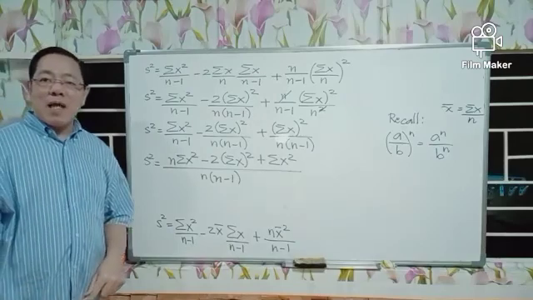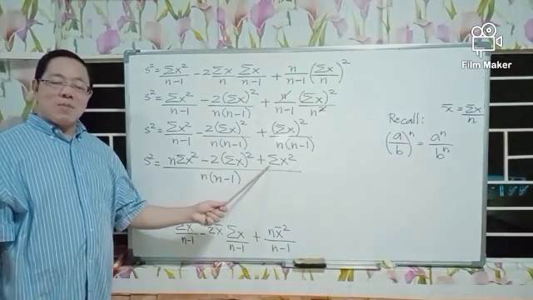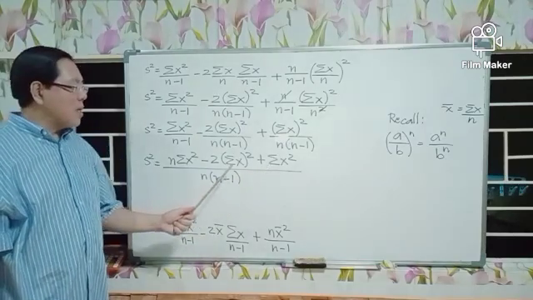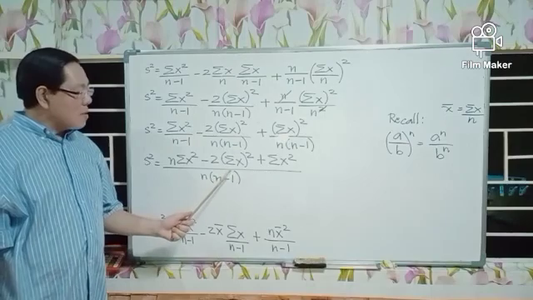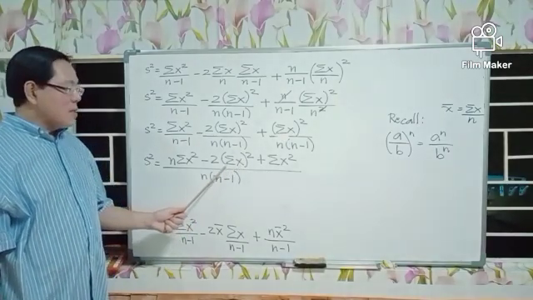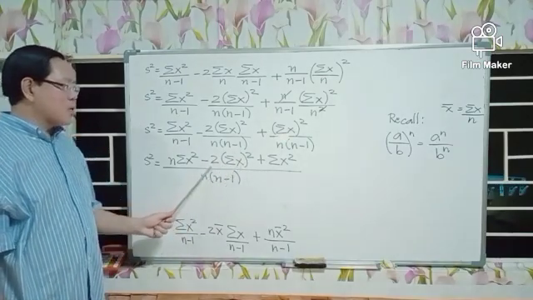Now we combine like terms in the numerator. The second and the last terms are like terms because they have a common factor, the square of the summation of x. In the second term, the coefficient of the square of the summation of x is minus 2.